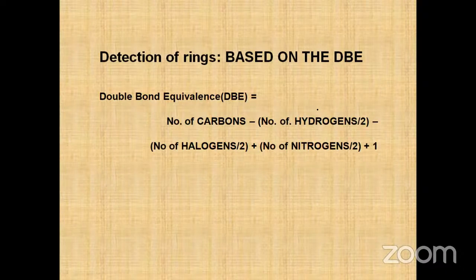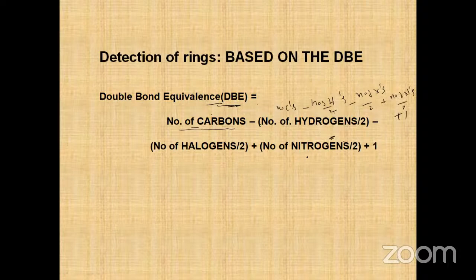The DBE is equal to the number of carbons present in the molecular formula, minus number of hydrogens by 2, minus number of halogens by 2, plus number of nitrogens by 2, plus 1. This is the formula, right?